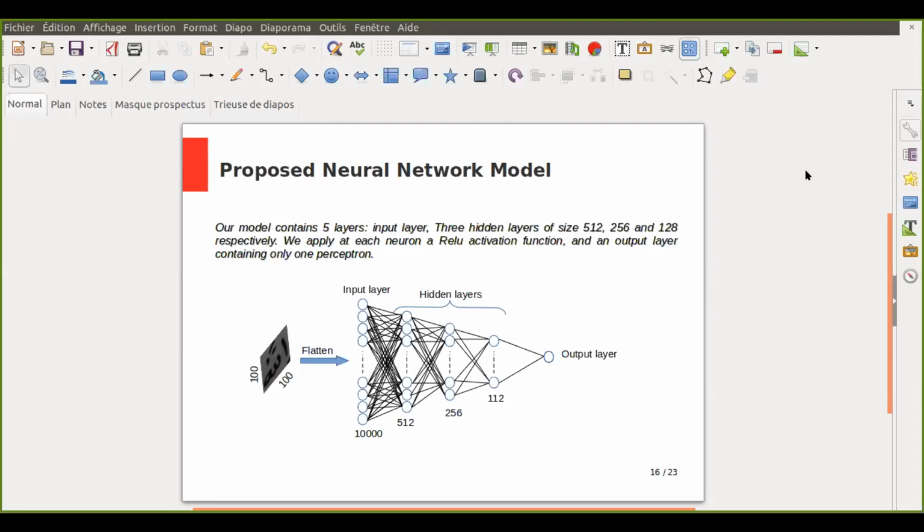The results obtained, for example, you used the 3 hidden layers. Yes. I think 512, 256, and 128, I think. Yes.